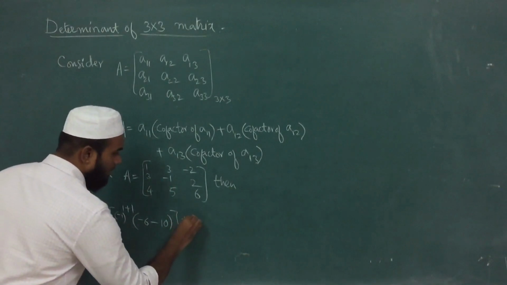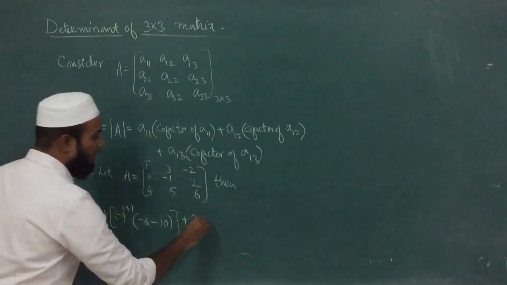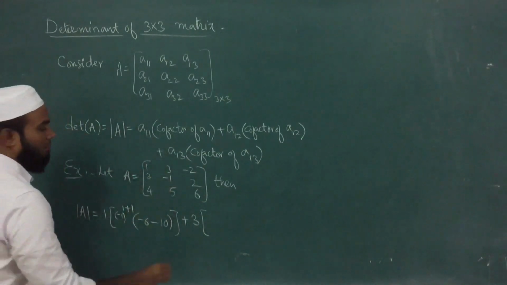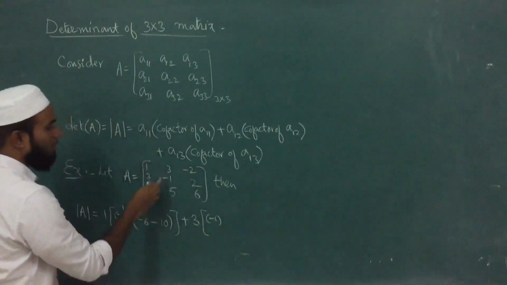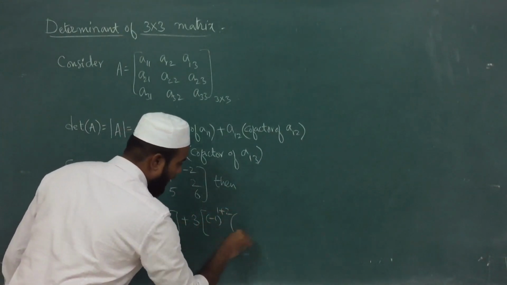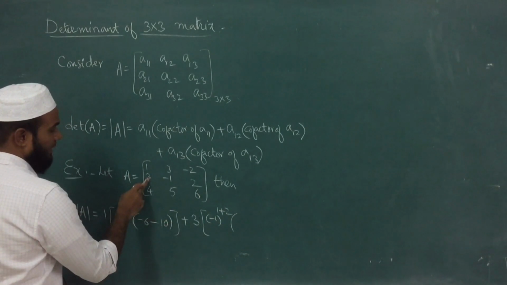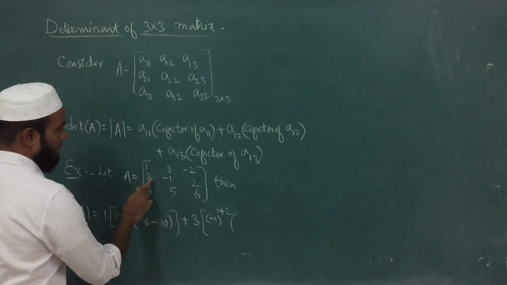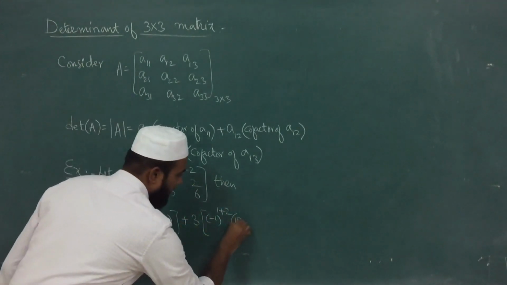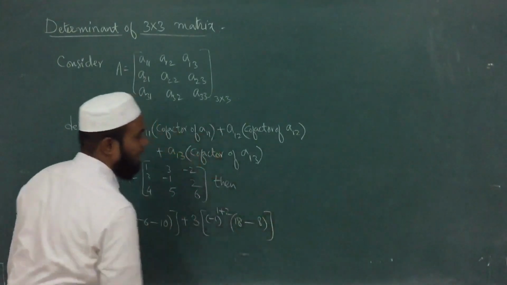Then plus second entry A12. A12 is here, second entry into its cofactor, minus 1 power. What is the position? First row, second column. So, 1 plus 2, right, into, you remove this row and this column, find the determinant of 3, 2, 4, 6. So, 3 into 6 is 18 minus 4 into 2 is 8, right.